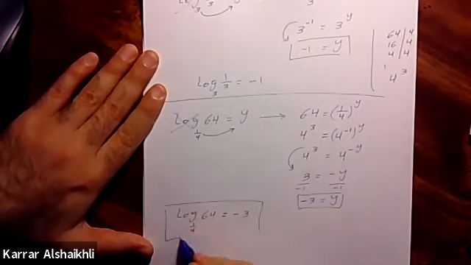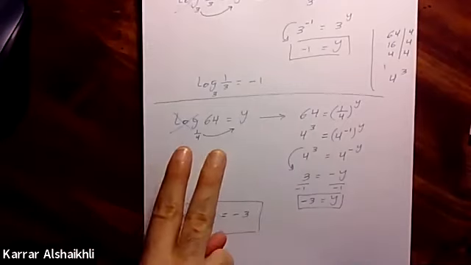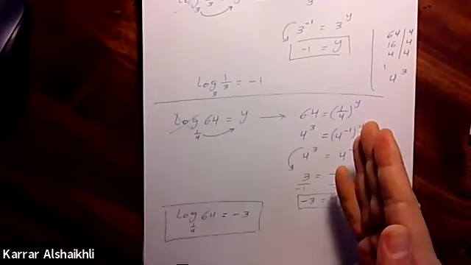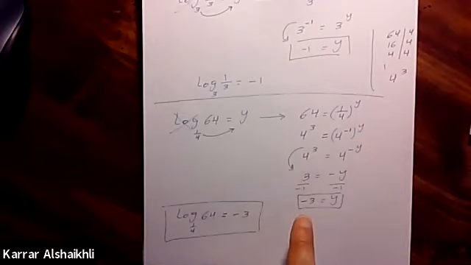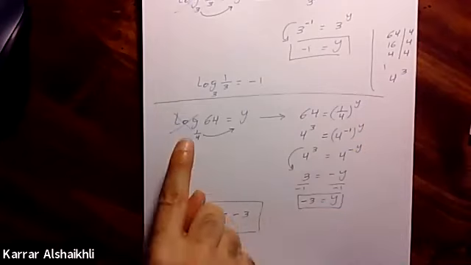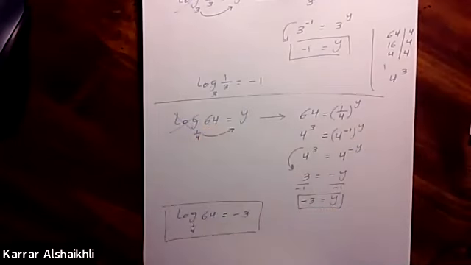This is the solution. We can't find it using the log directly, so we convert it to the exponential form, and we simplify by using the exponent rule and find the result y equal -3. That means log to the base 1/4 of 64 equal -3.